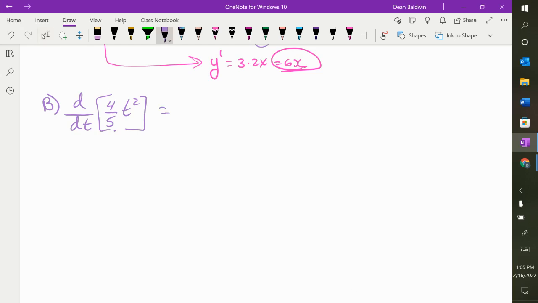All right, what do I do? Do I care about the 4/5? Just pull it out. Yeah, we can just write it down. Now, what's the derivative of t squared? 2t. So what's my answer? 8/5t.